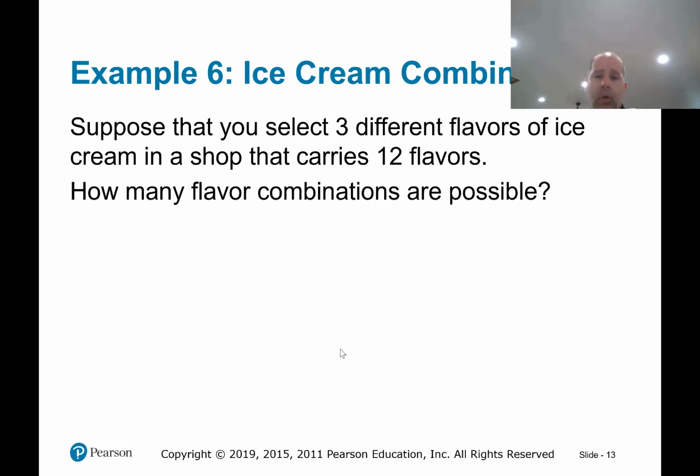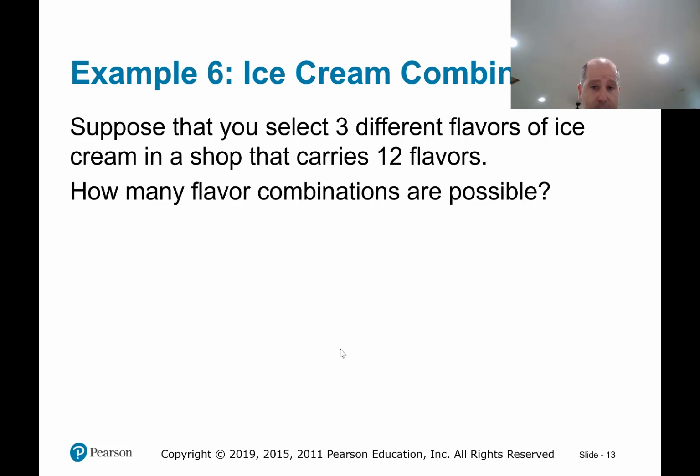Okay, so again, we've got 3 flavors that we're going to pick out of 12 flavors. So we've got 3 spots to fill, right? For the first spot we have 12 to choose from, then for the second spot we have 11 flavors to choose from, and then for the final spot there are 10 flavors to choose from. That's the number of permutations.